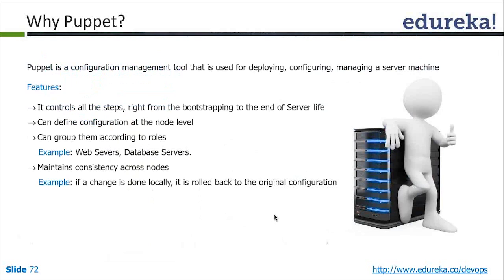Puppet is a configuration management tool that is used to deploy, configure, and manage a server machine. Now, if you ask me whether I can use Puppet to deploy virtual machines, I told you I can.